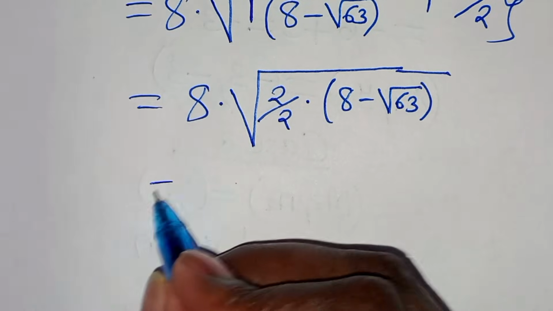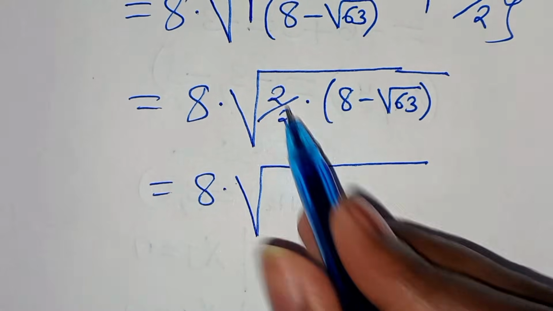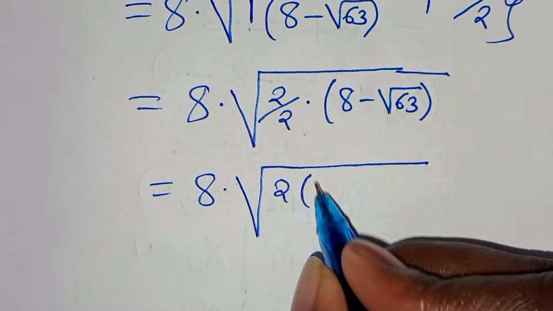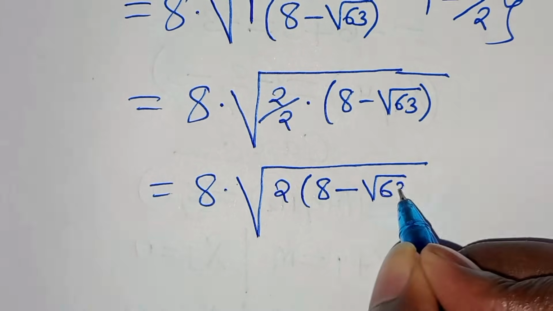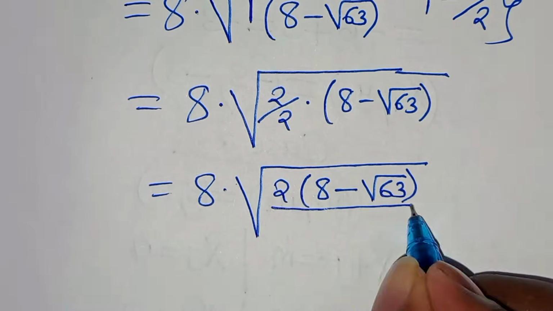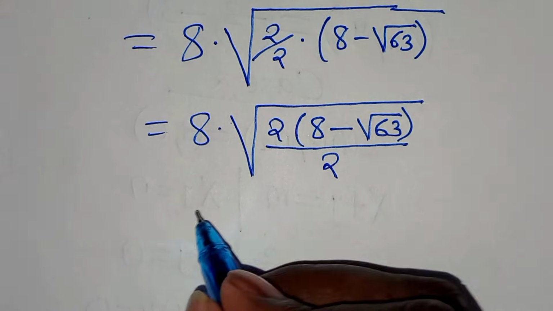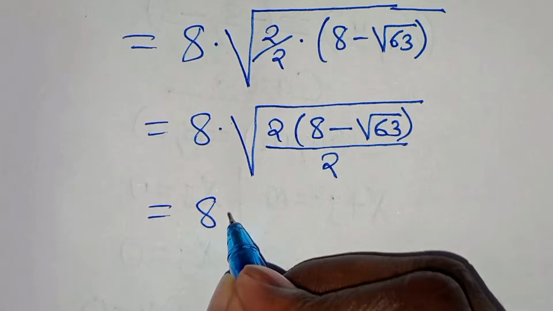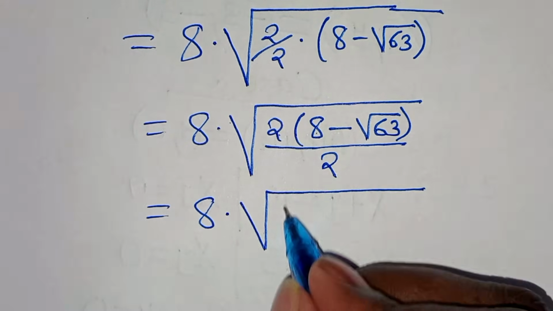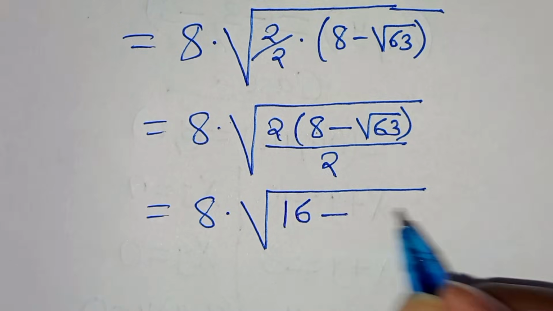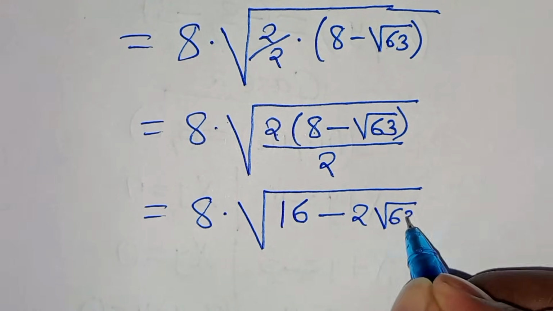So here we have 8 multiplied by square root of, this is 2 times 8 minus square root of 63. Everything here divided by 2. So that now here we have 8 times square root of 2 times 8, this is 16, subtract 2 times square root of 63.